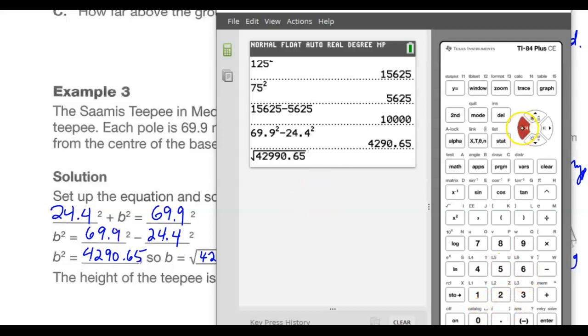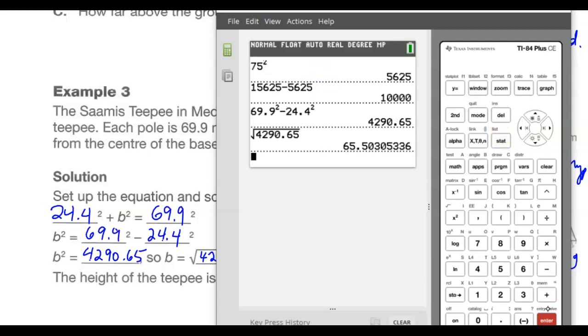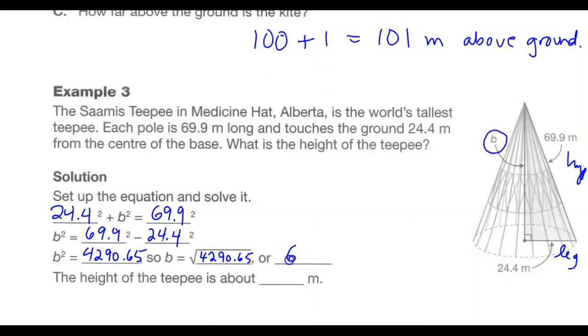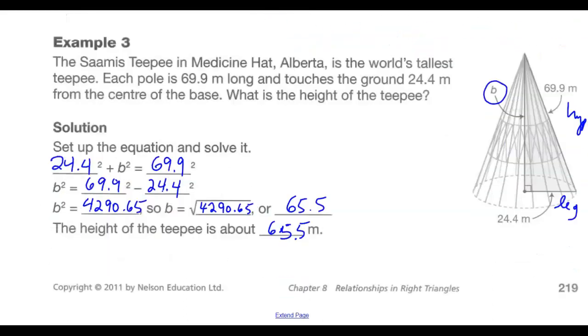Okay, too many nines. There we go. And it's 65.5 to the nearest tenth. Always check if it makes sense. It has to be shorter than the hypotenuse because the hypotenuse is the longest side, and it is. If you get something bigger, then probably you added instead of subtracted. Okay.